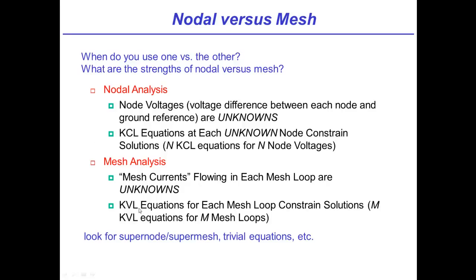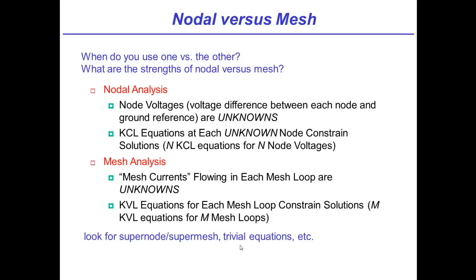So to a large degree, in many cases, the choice is based on the complexities of solving KCLs versus the complexities of solving KVLs. Now what sets that? Well, there are certain things we can use to guide our decision-making process. For example, we look at the circuit and we see supernodes or supermeshes, which may complicate or simplify analysis. That's one thing that could guide you.